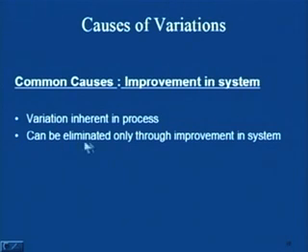These causes can be eliminated only through improvement in the system. As I have already given you the example, if you have a machine that cannot produce the tolerances required by the designer, then there is no way out. You have to have better machines that can take care of those tolerances that the designer is looking for.